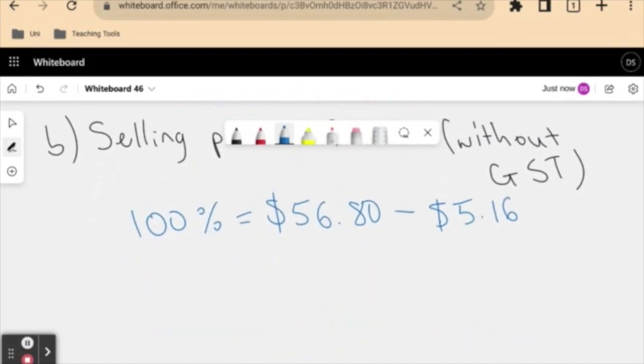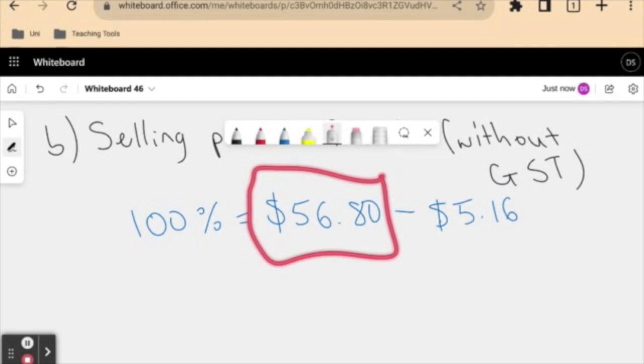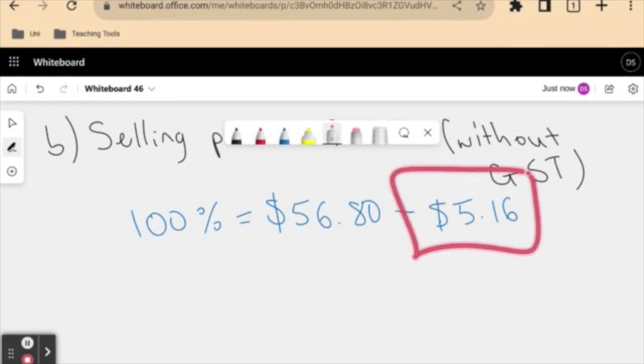And that makes sense because we can get 100% from 110%, our price, minus 10%, our GST.